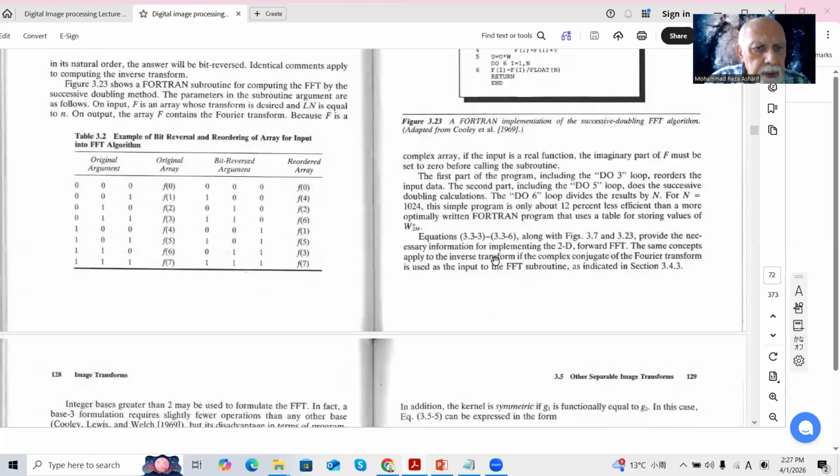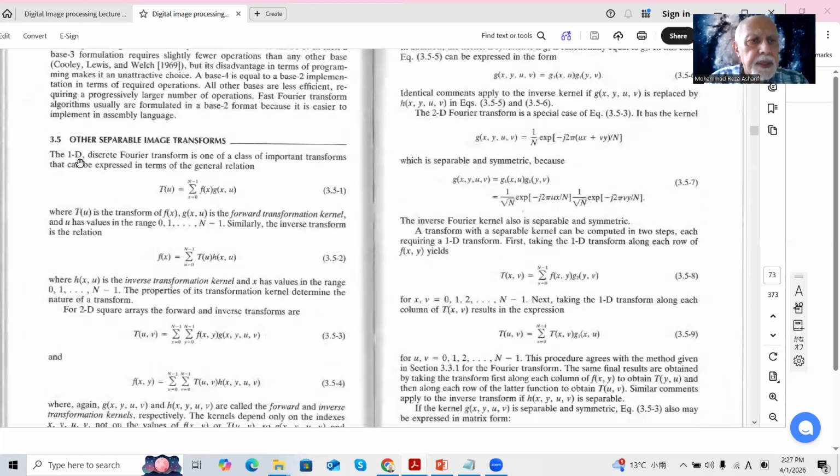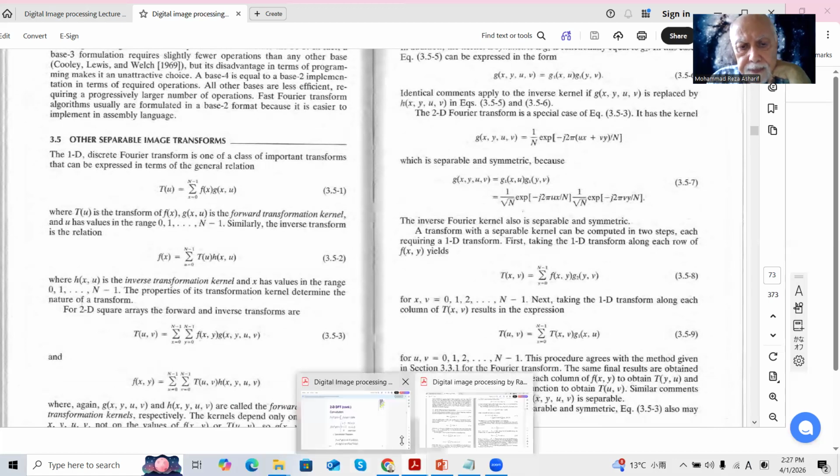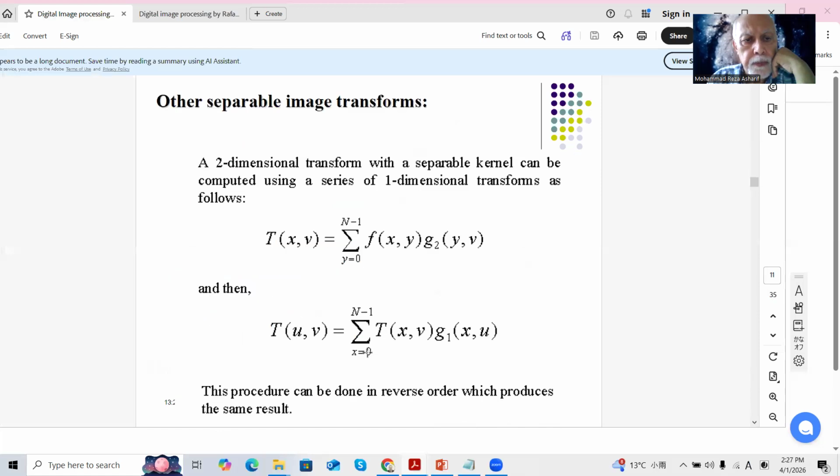And so this is another point of the separable image that will be the topic for the next topic.